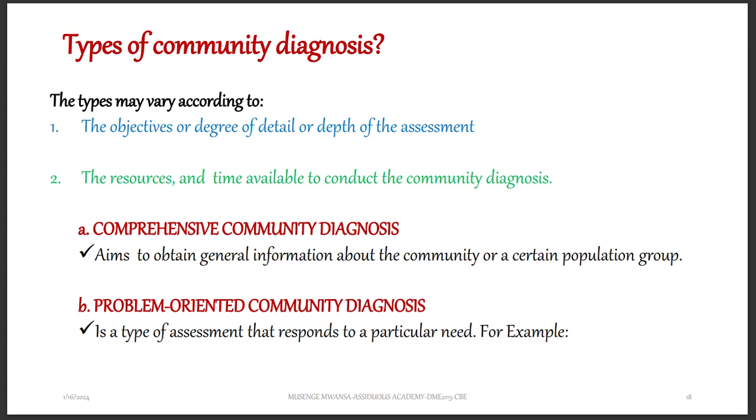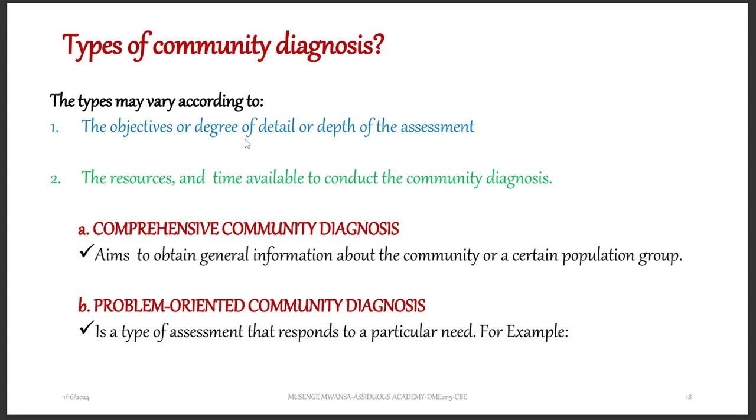The type of community diagnosis is going to be different depending on how much detail you want to find out. Because with community diagnosis you want to identify basically health conditions affecting the community. So if you want to find very detailed information about the community, you do a different form of assessment about that community.